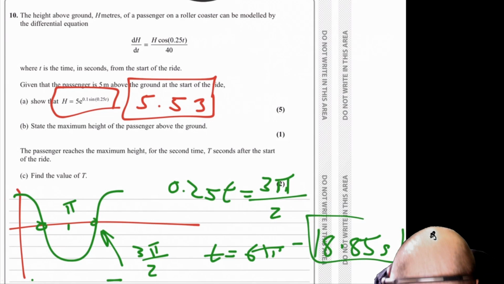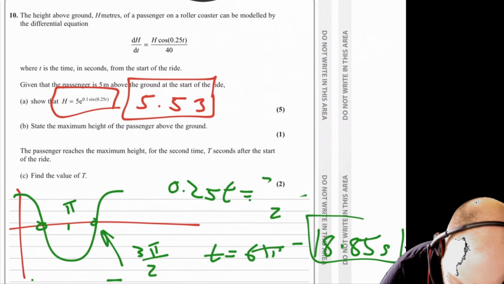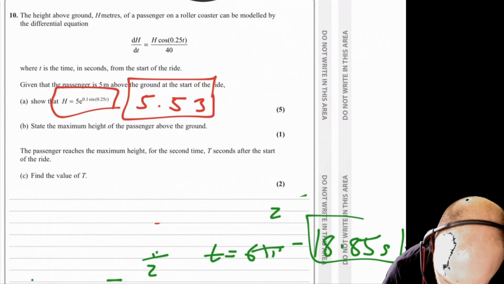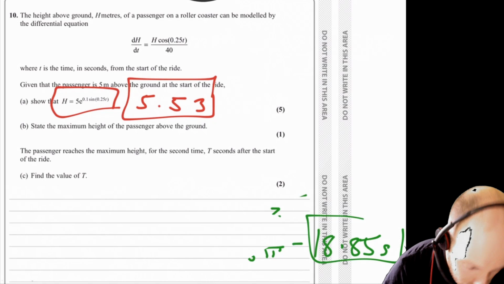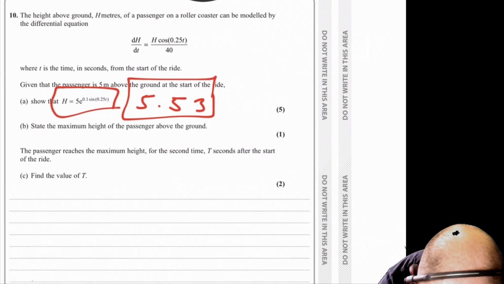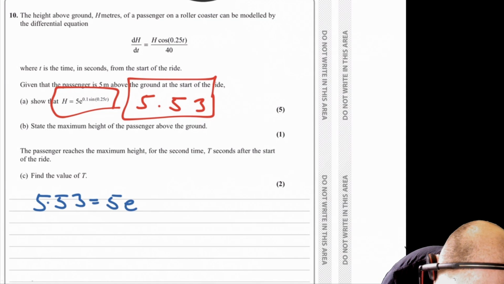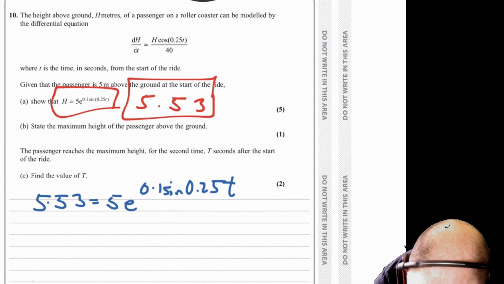5 over 2 pi. Yeah, okay, I can see. We want to put 5.53 there? I don't know, I should put it the other way around.